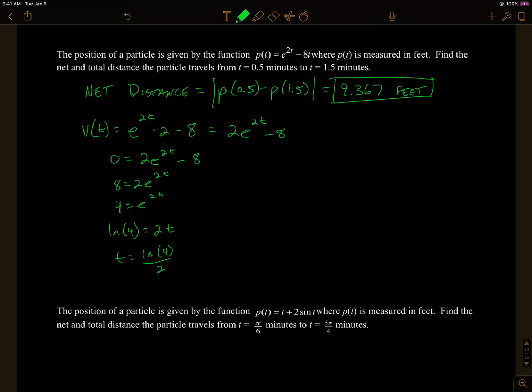It looks like it's going to be about 0.693. So that's where it changes direction.